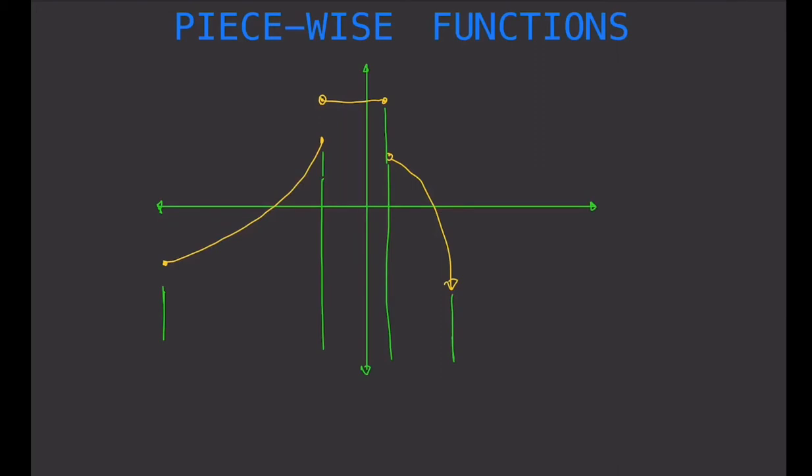From this interval right here, it behaves this way, but in this interval it behaves like this, and then after that it behaves like that. So the behavior changes at different intervals. That's just to illustrate what piecewise functions are.